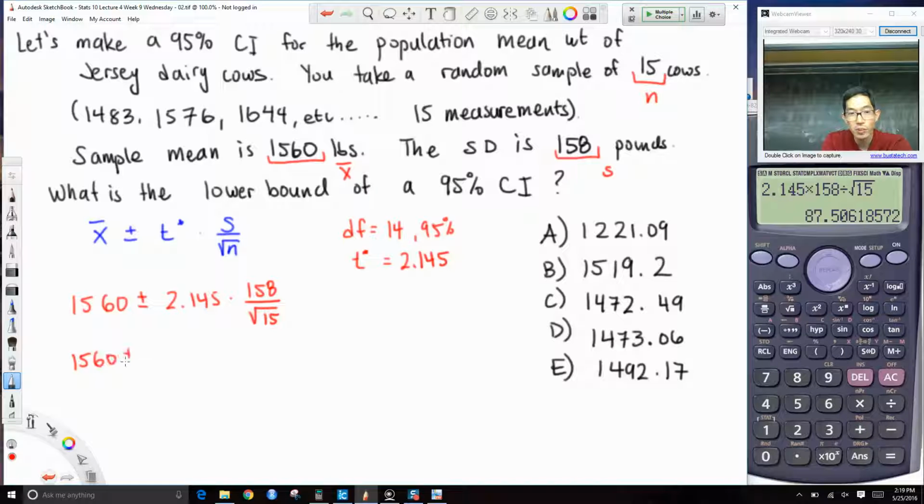Here I'm just rounding off to 2 decimal places, so I got 1560 plus or minus 87.51. My lower bound will be 1560 minus 87.51, and that gives me 1472.49.